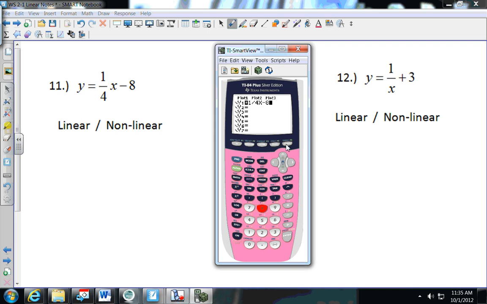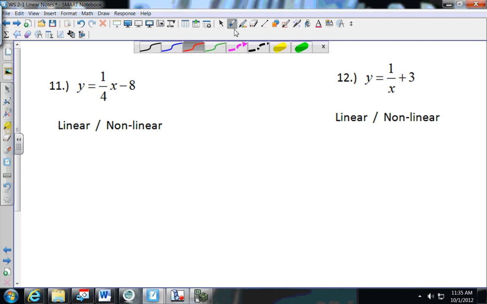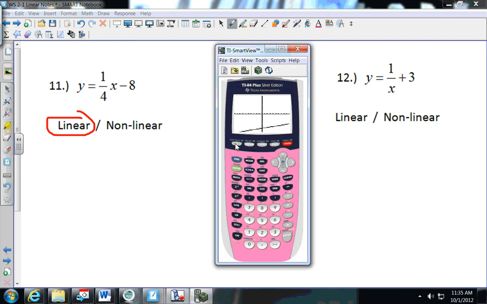Minus 8, and press graph. Is my line increasing or decreasing? Increasing. It is going up. This is a straight line. It is linear. The next one, I have 1 divide x plus 3. I press graph. Does that make a straight line? No, it's got two crazy lines going on.